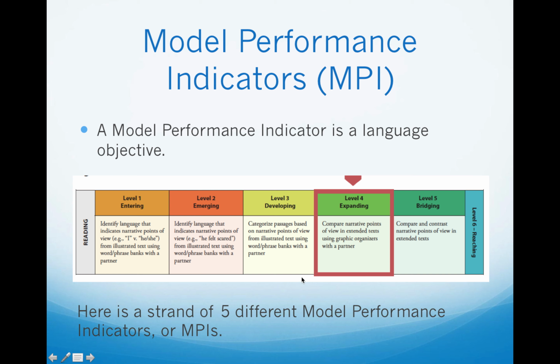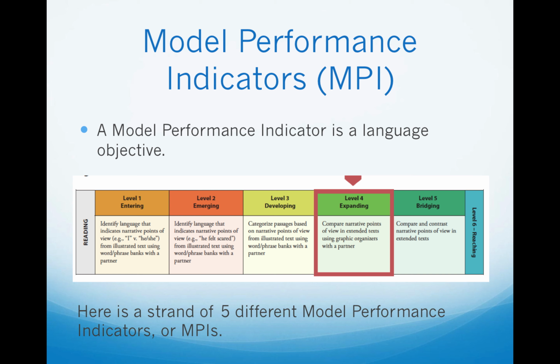So here, if you Google model performance indicators, there are so many out there. You could borrow them, but it really makes more sense to find a model performance indicator that deals with something close to what you are looking for, and then tweak it.